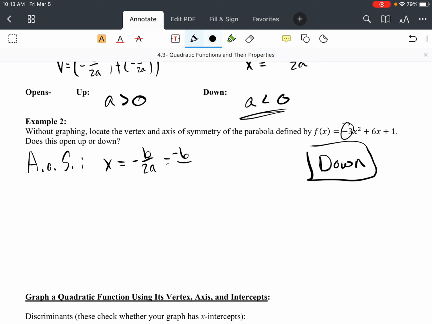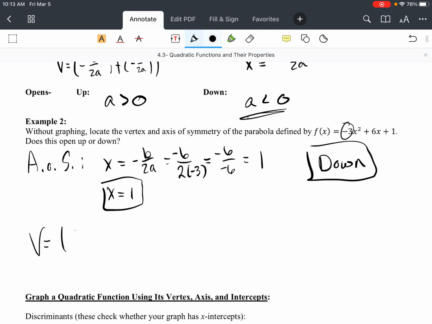We know b is 6, so negative 6 over 2 times a, which is -3. This gives us negative 6 over negative 6, which gives us 1. So our axis of symmetry is x = 1. I'm going to go ahead and summarize that. Now the vertex takes a little bit more work.